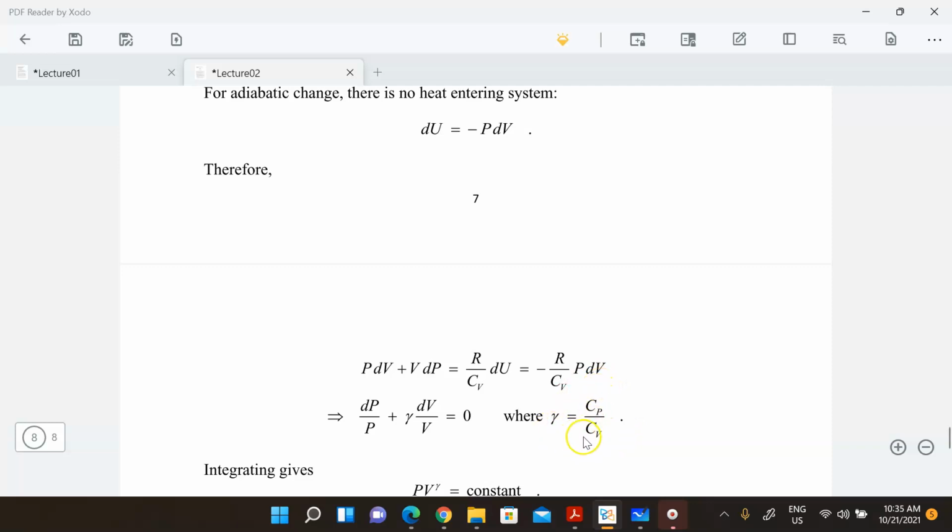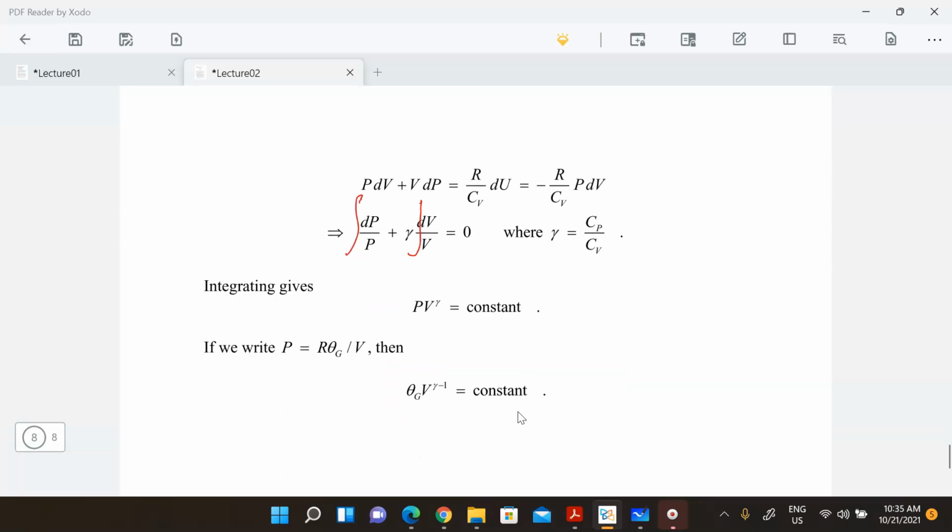In this particular case, you can integrate this. You integrate that, bring one term to the other side, and you'll be able to get the so-called equation of state for adiabatic change.